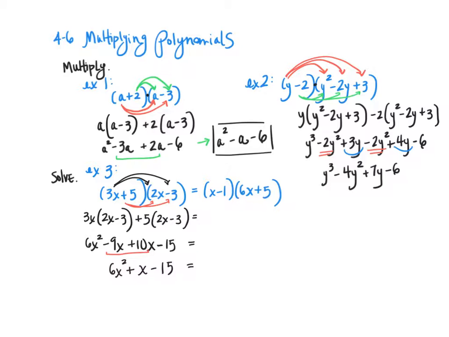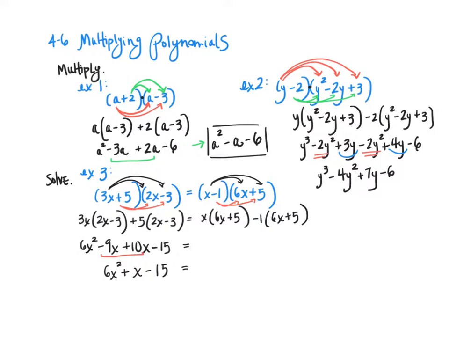Now I'm going to do the same thing on the right, or very similar. I'm going to distribute the x to all of 6x plus 5. And then I need to distribute that negative 1, or minus 1, to 6x plus 5.